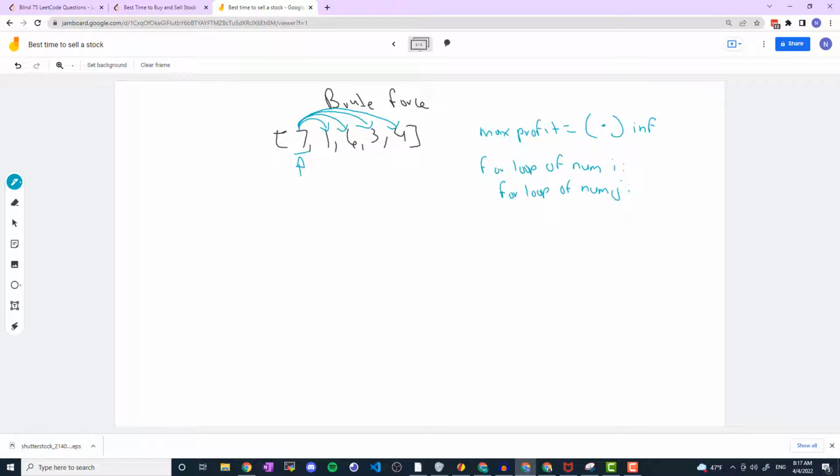And here we analyze, hey, what is bigger? So we say profit equals num j minus num i. So it will be 7 minus 1 for the first day, which is a profit of 6. Well, a loss of 6. This is a loss.